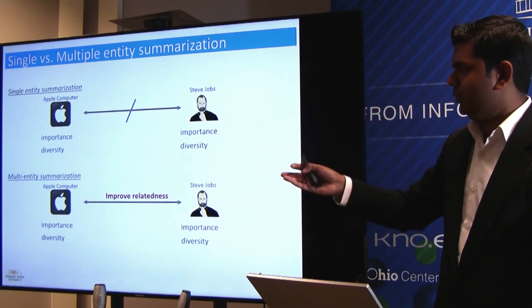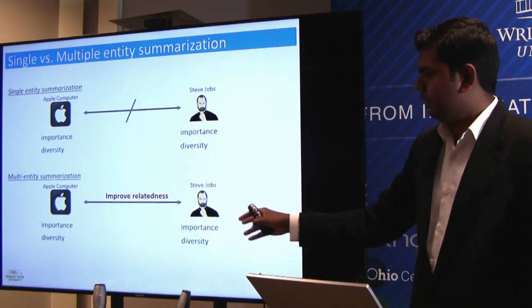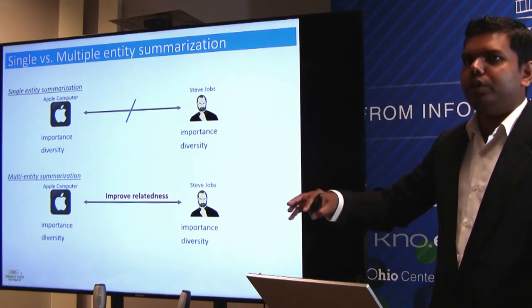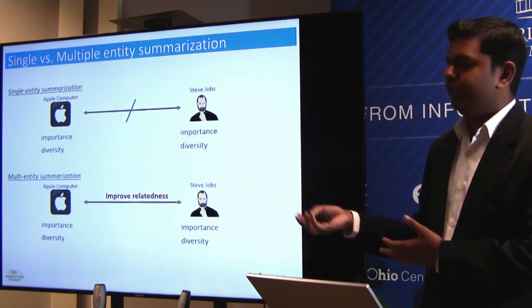But what we want to achieve for multiple entity summarization, instead of trying to keep importance and diversity, is to improve the relatedness of the facts we pick for these entities.